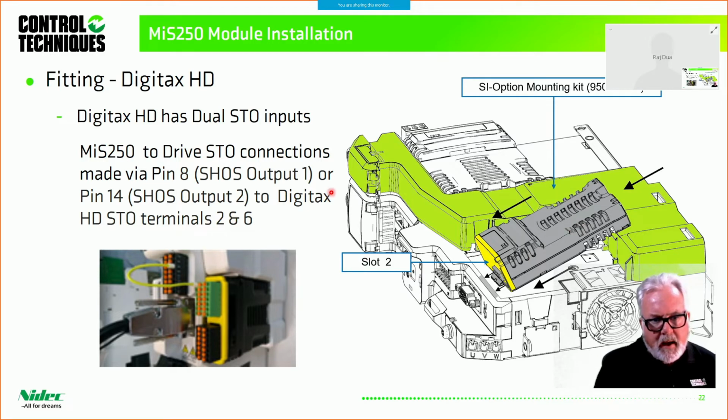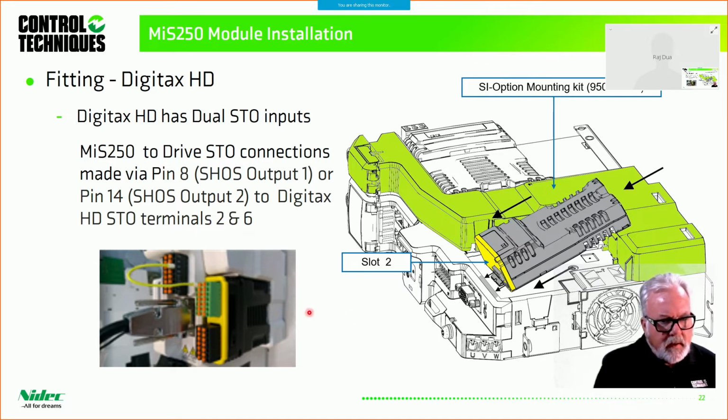And the reason for that is, unlike the MIS 210, which has that blade connector which automatically accesses the safe torque off circuits in the host drive, with an MIS 250 you need to include a wired output from the module, as this picture shows, from the safety module to the drive safe torque off contact on the I/O terminal strip for the Digitax HD.